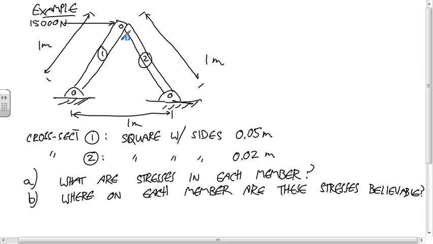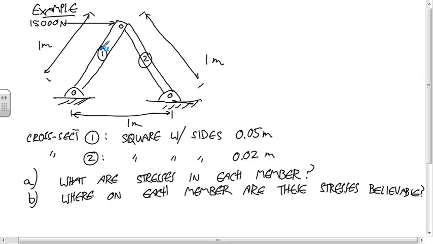What happened was when we included the weights, you went from being totally in tension and compression to starting to have shear forces and bending moments. And right now, we can only calculate the stress if the only internal loads are tension compression.